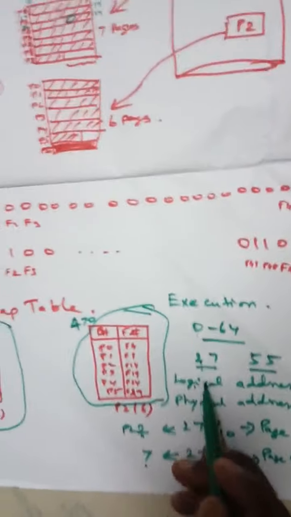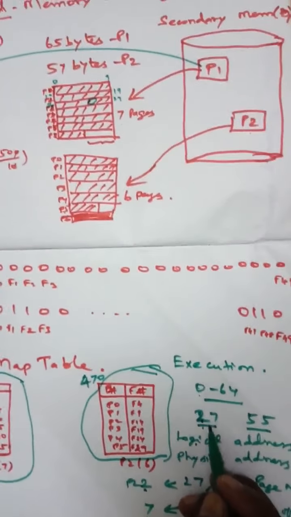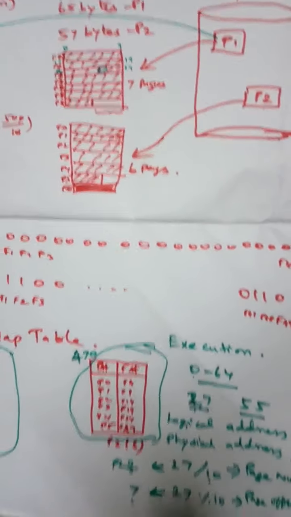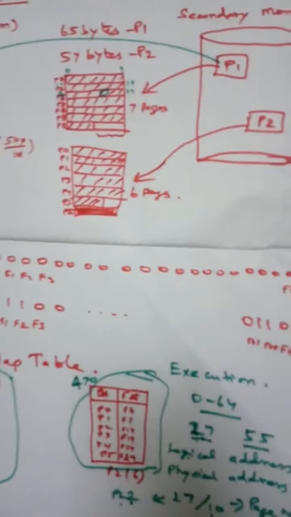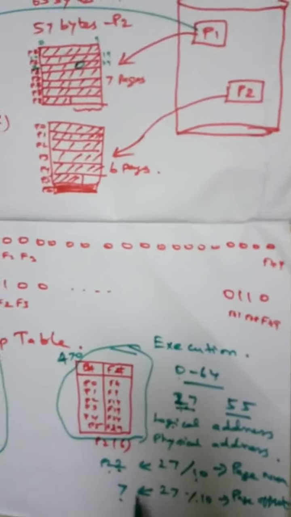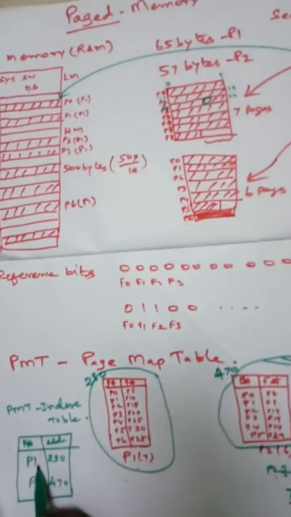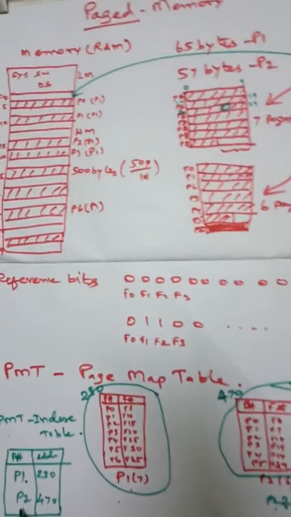Come to understand here. The CPU generated one address, 27. From this logical address, two components are created: page number 2 and page offset 7. With this, it comes to the page map index table, because there are two programs, P1 and P2.